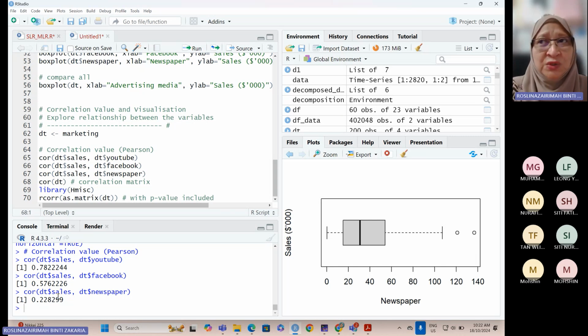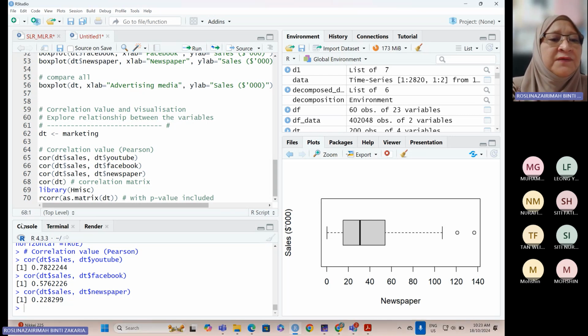If it is closer to 0, we can say that it is weaker, or if it is 0, then no correlation. That means if you change the temperature, the yield is still the same. Changing temperature has no effect on the yield, for example.